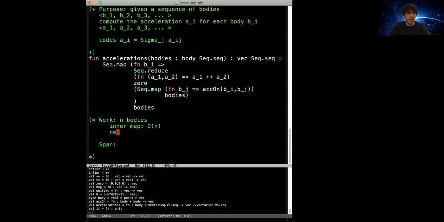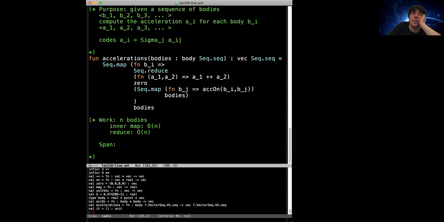And so then the reduce is adding up n vectors, and so that's going to be order n because if we add up n things, and each addition is a vector operation, and all of those are constant time, zero is constant time.